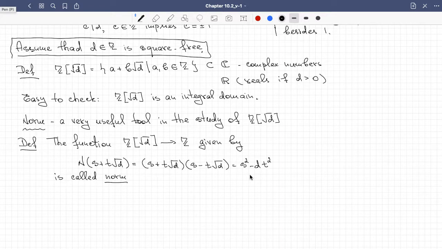The following theorem is very easy to prove. In particular, it tells us that s equals t equals 0 is the only case when the norm is 0.